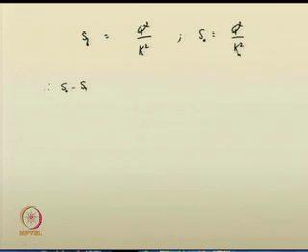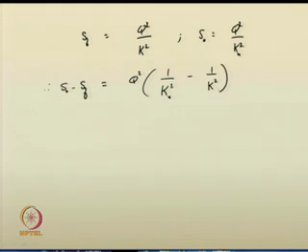S 0 minus S f is now equal to Q squared into 1 by K n squared minus 1 by K squared. So, what is Q squared by K n squared? That is nothing but your bed slope, right?